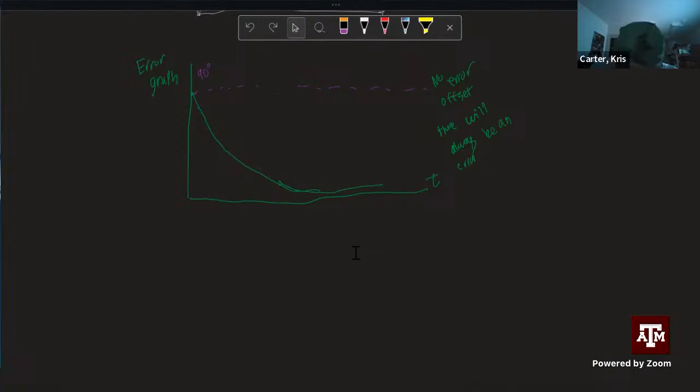If we set KP, so the way you can calculate error, this is actually kind of important. Error is given as the output.